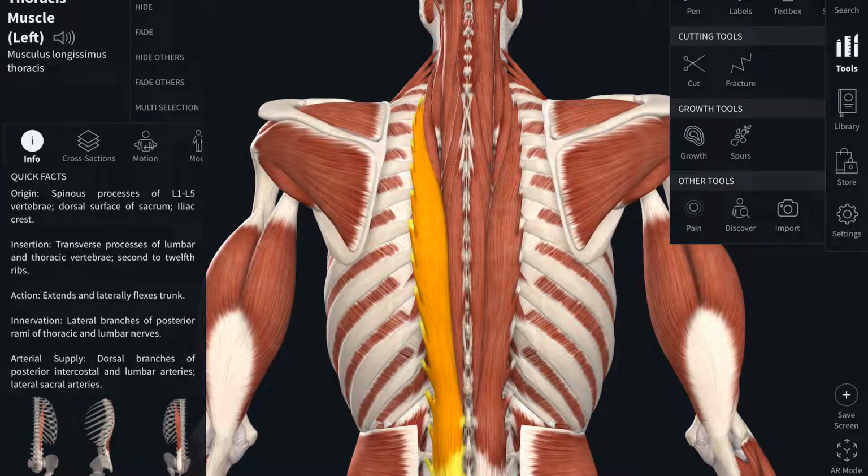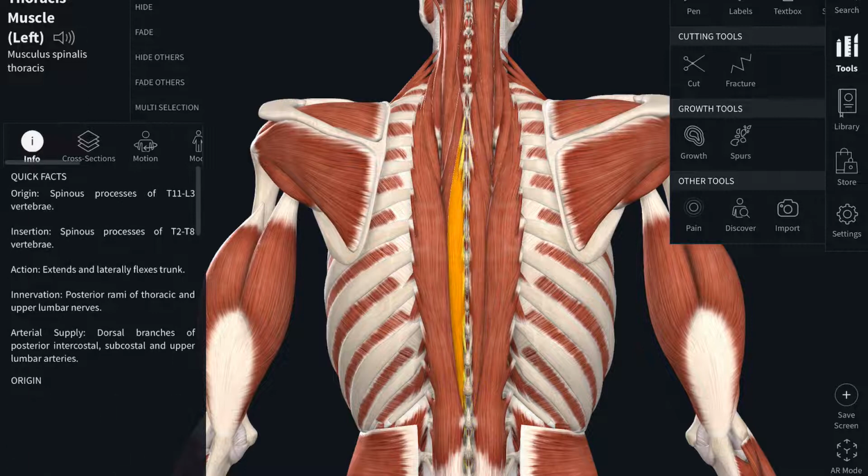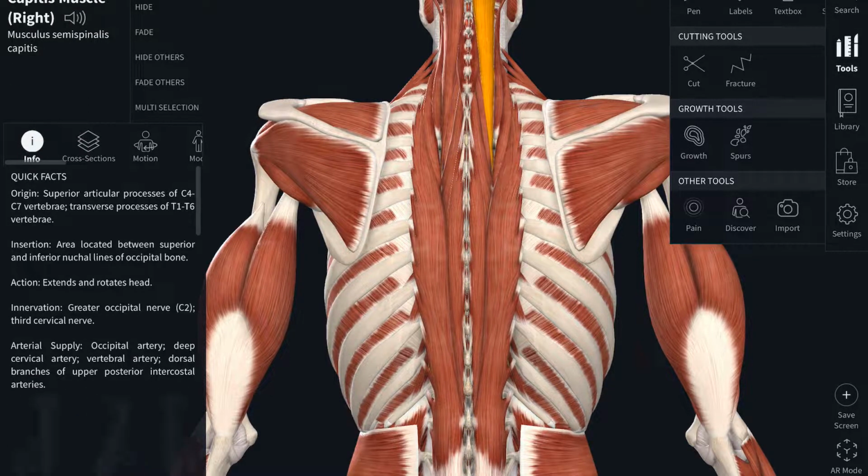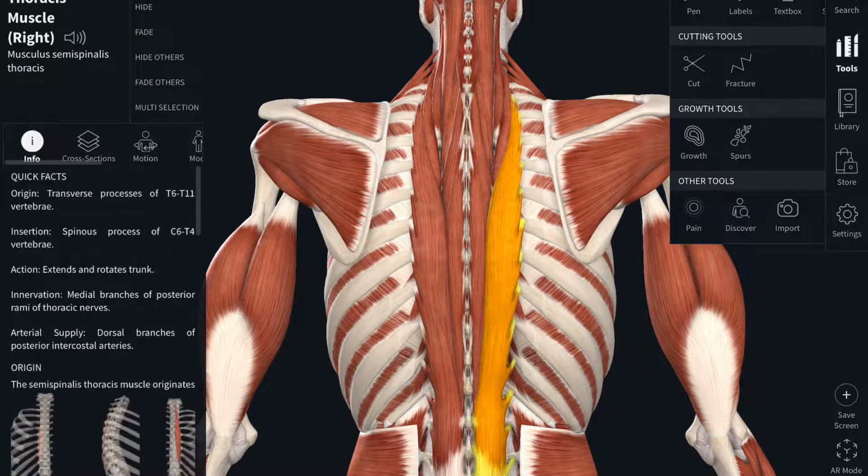Looking at the muscles that support our spine, we have the erector spinae. These are actually a large group of deep back muscles that run the length of either side of the spine, very much like railroad tracks. All of these muscles together make up the erector spinae.